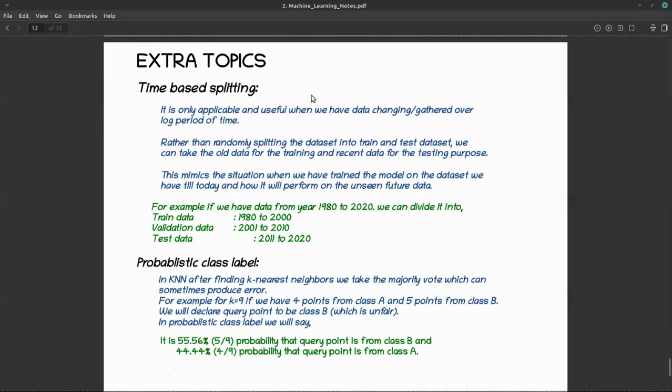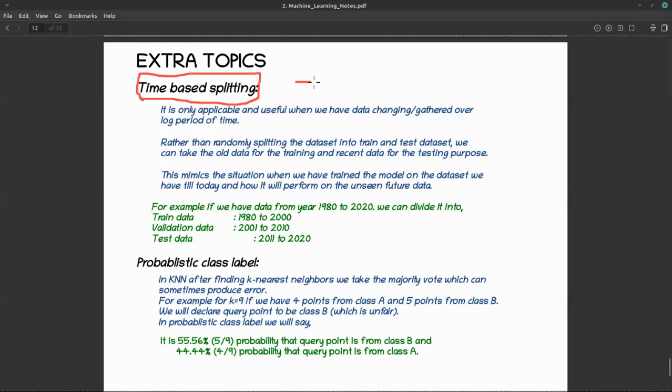Time-based splitting is useful if you have some date feature. If in your data you don't have date, or time basically, and your data set doesn't depend on time interval, then this doesn't make sense. You cannot perform it.